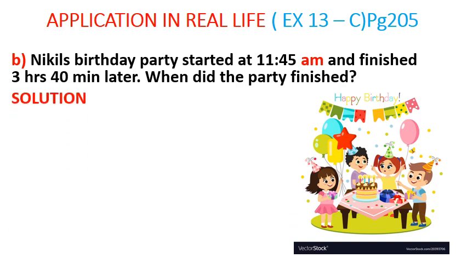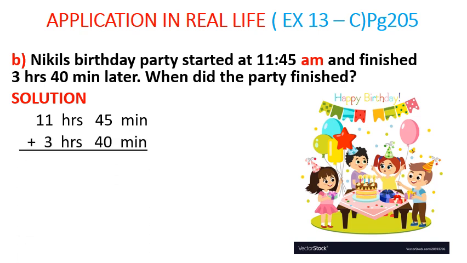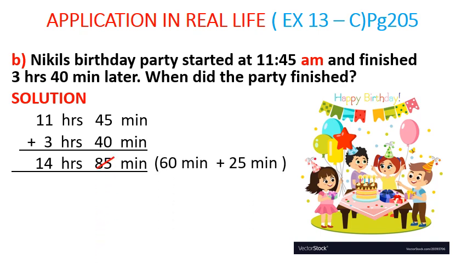So, let us do the solution. So, we have to add 11:45 a.m., that is 11 hours 45 minutes, plus 3 hours 40 minutes. So, what is the sum? We will get 14 hours and 85 minutes. But we know that 85 minutes we can split into 60 minutes plus 25 minutes. Why?